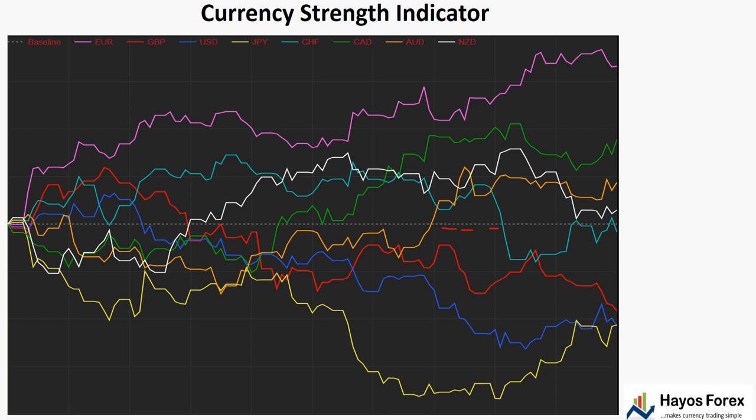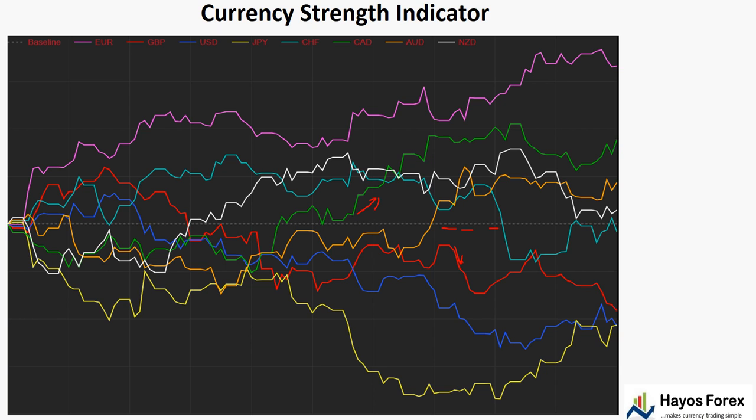Any currency that is above the center line and is rising, we believe is strengthening, while the currency below the center line, the baseline, and is moving down, is weakening.